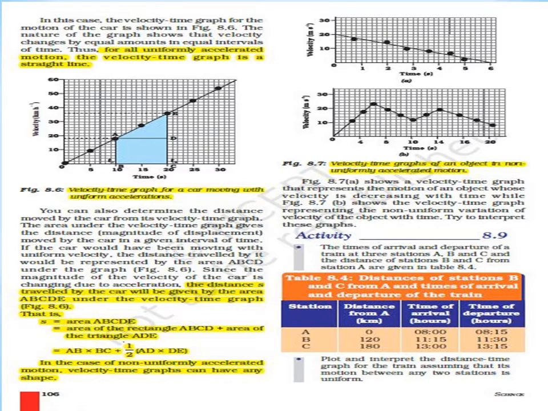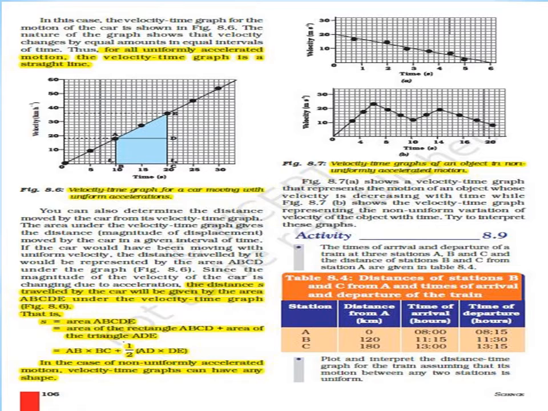Now consider uniformly accelerated motion. In uniformly accelerated motion, the velocity increases at a regular interval. That is, from 0 to 5 the velocity is here, again from 5 to 10 the velocity is here.